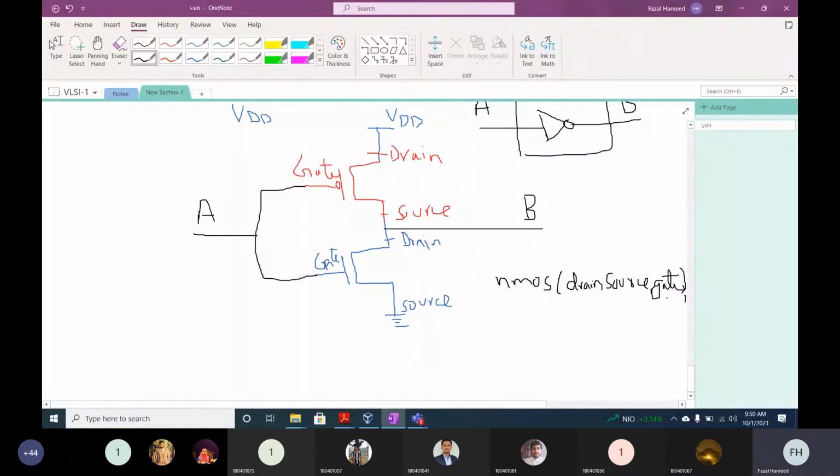And if you design for the PMOS, it's also the same: PMOS, so we should write drain, source, and gate.